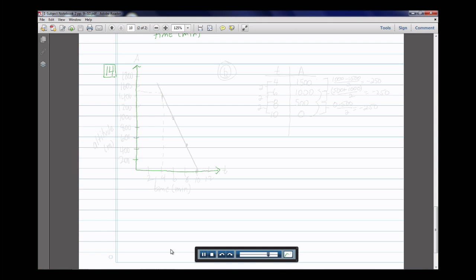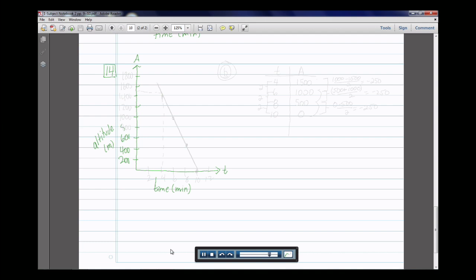You are going up on the y-axis. They're telling you is your altitude and in meters, and the x-axis is your time in minutes. And so let's throw some numbers on here, going up by 200s.